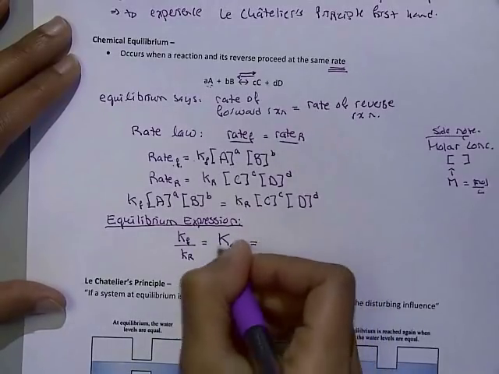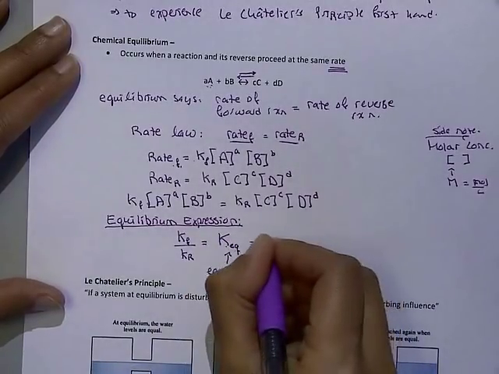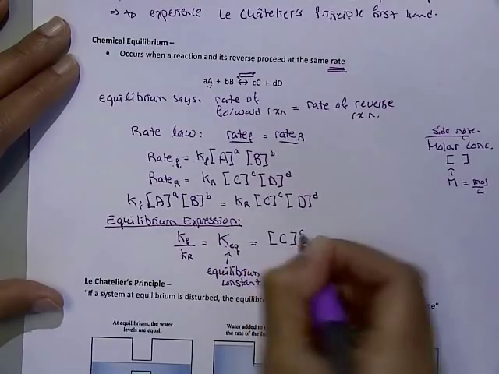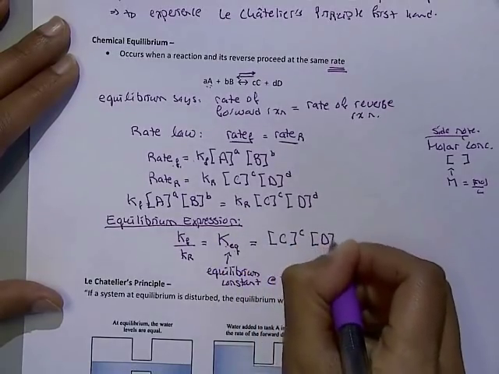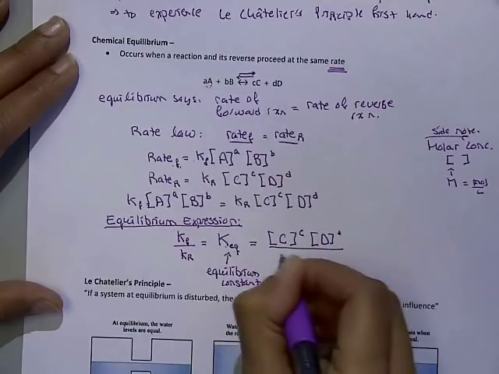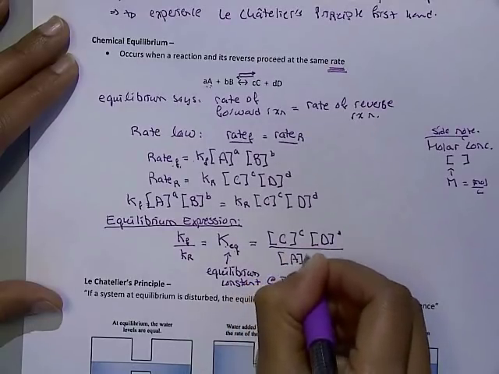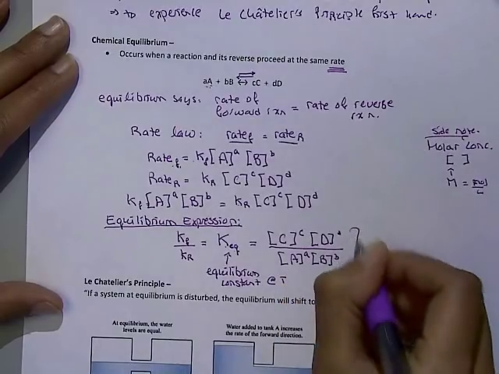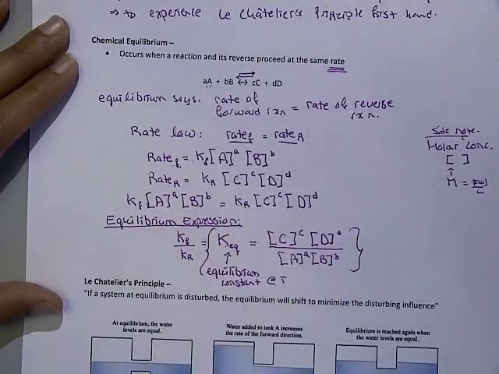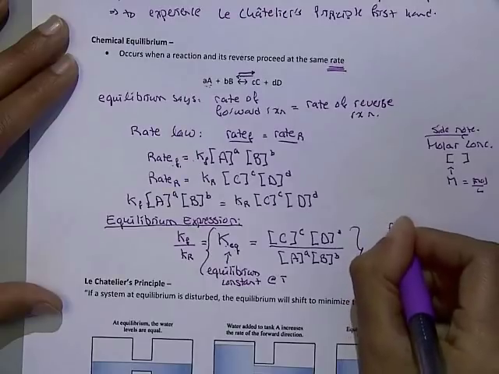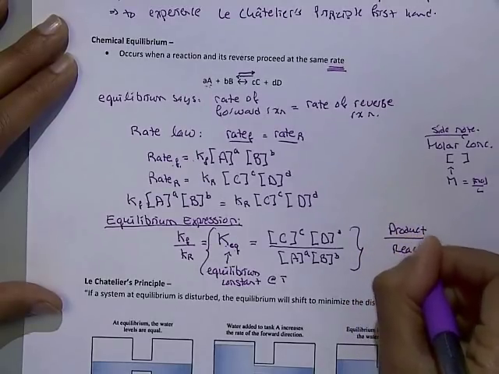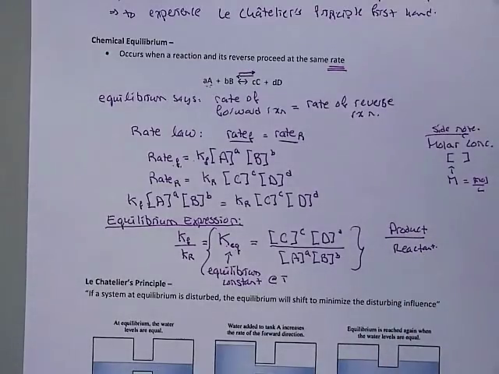So our KEQ, our equilibrium constant, is equal to our products raised to their respective coefficients over our reactants, also raised to their respective coefficients. So this is our equilibrium expression here. Please note it's products over reactants, not reactants over products, okay?